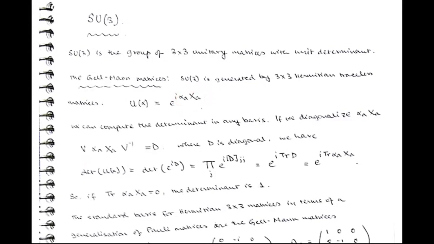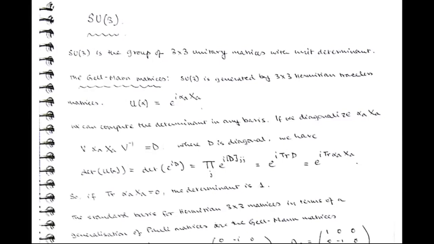So this becomes D, which is going to be diagonal. So determinant of U is determinant of exponential iD, which is the product of i djj.